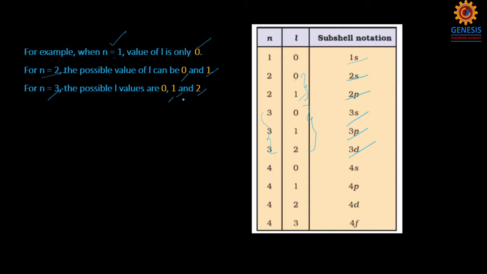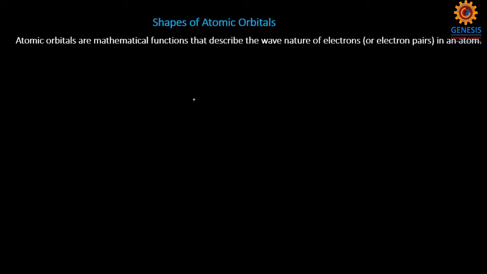Now the shapes of atomic orbitals. These atomic orbitals are mathematical functions that describe the wave nature of the electrons or electron pairs in an atom. Wave nature.